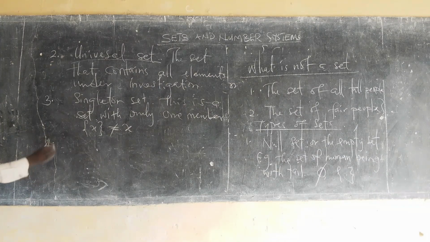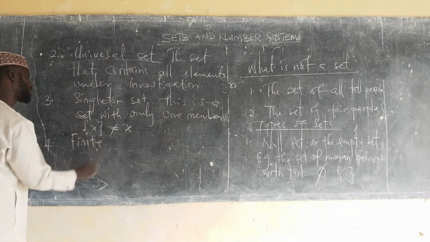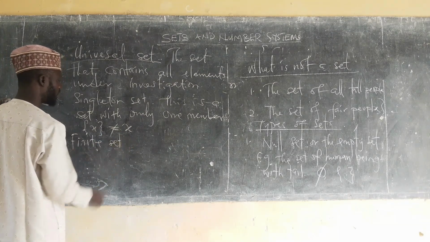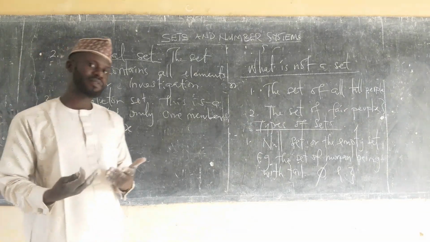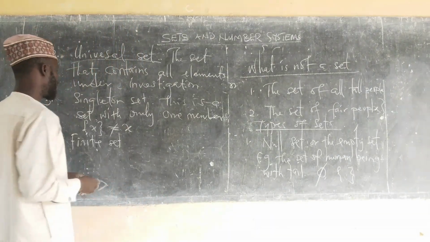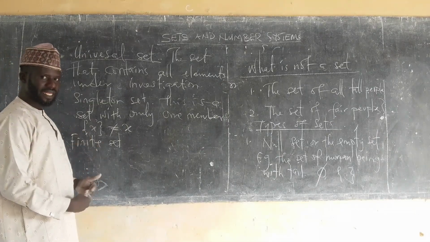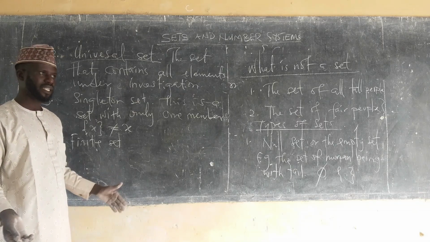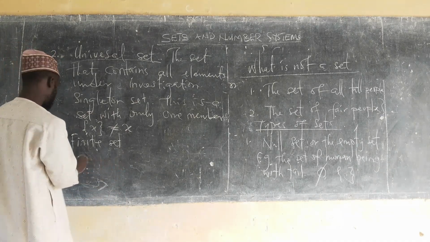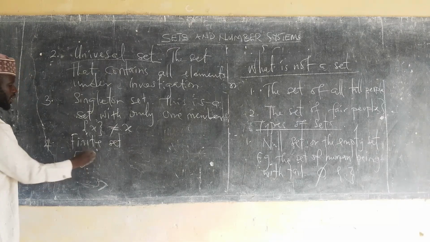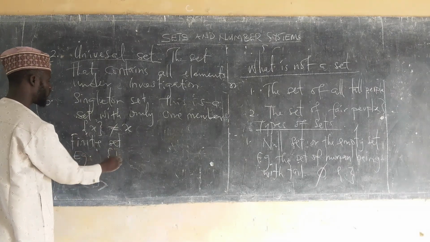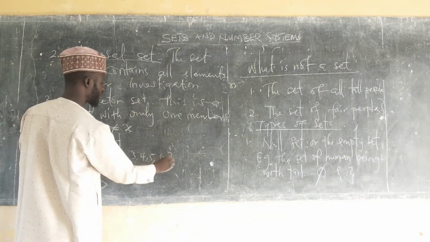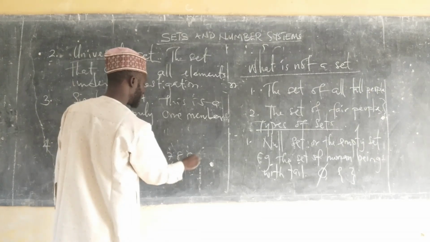So, fourth one, we have a finite set. A set is finite if you can exhaust the list of its items. If you can reach the end of the items, then that set is a finite set. For example, I have the set of numbers from 1 to 10: 1, 2, 3, 4, 5, 6, 7, 8, 9, 10.